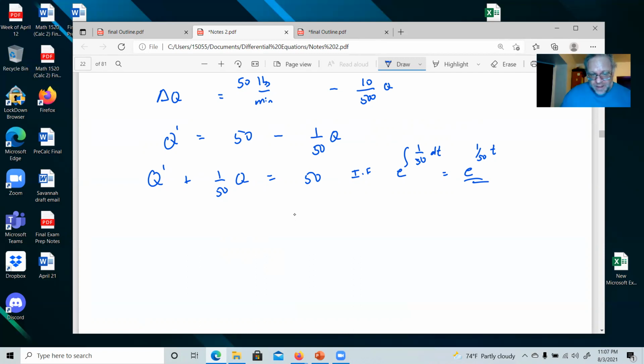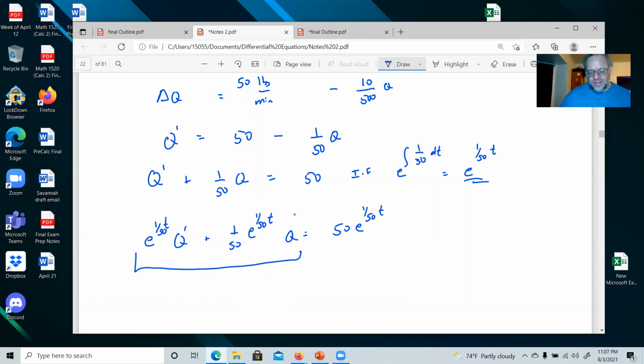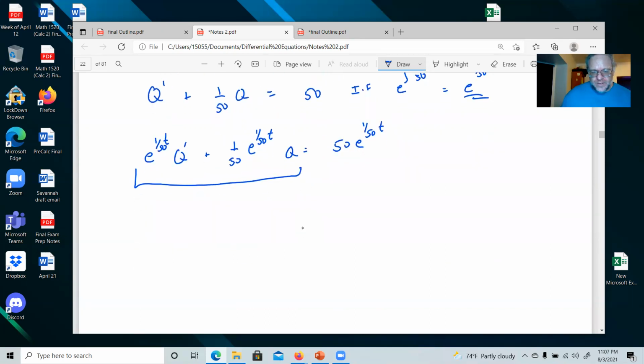So here we have e to the 1/50 t times Q' plus 1/50 e to the 1/50 t times Q is equal to 50 e to the 1/50 t. Now check this.